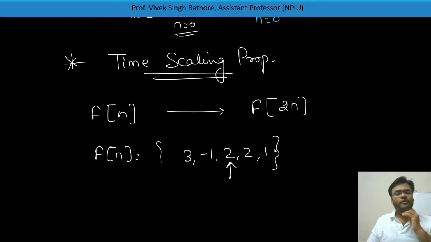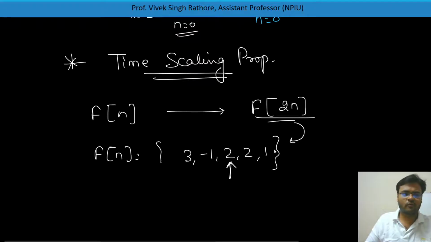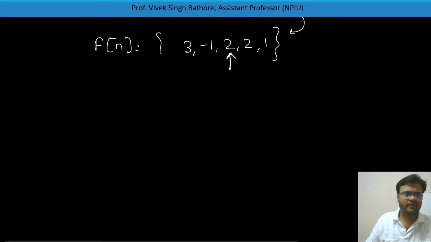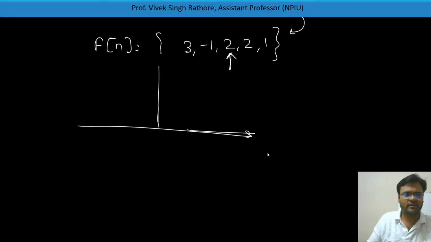Now you need to do f(2n) for this signal. How will you do that? Earlier I told you that whenever a signal is there with the time axis on the x-axis, the values are just divided by the scaling factor. So let's suppose this is n equal to 0.